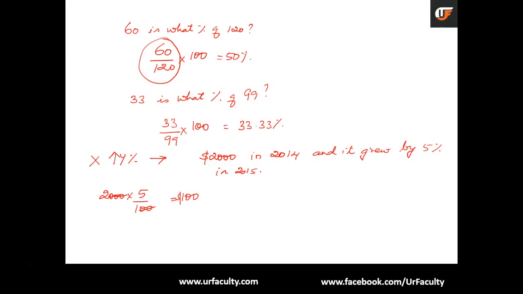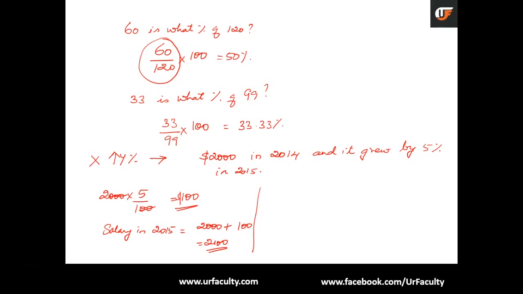So his salary has gone up by $100. So what is the final value? What is the salary in 2015? Salary in 2015 would be 2000 plus 100 is equal to 2100.